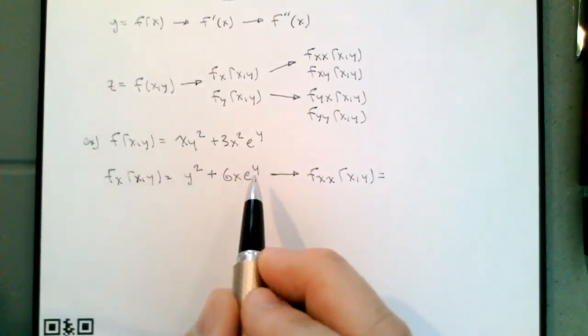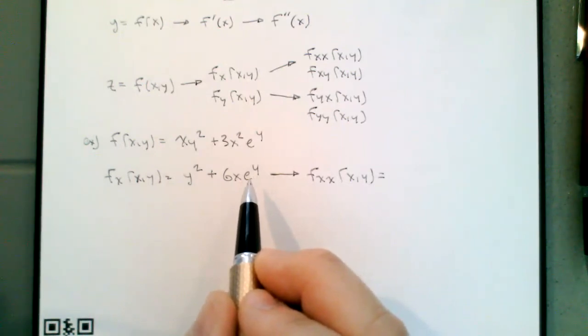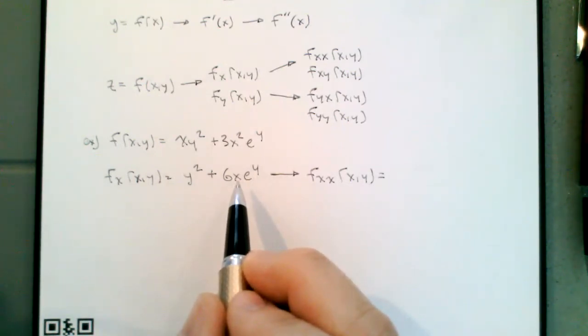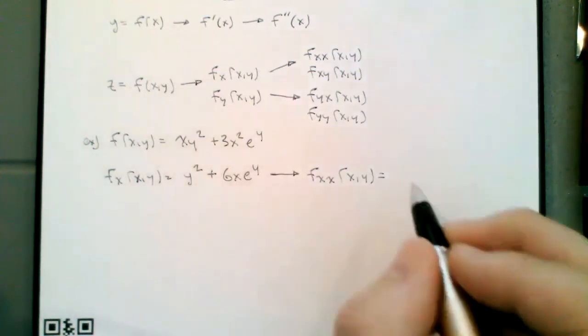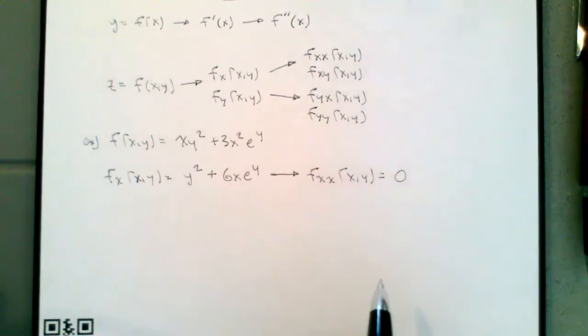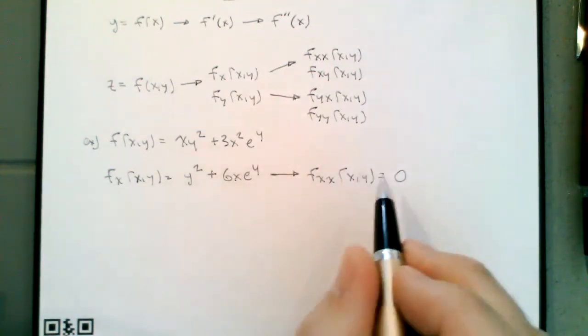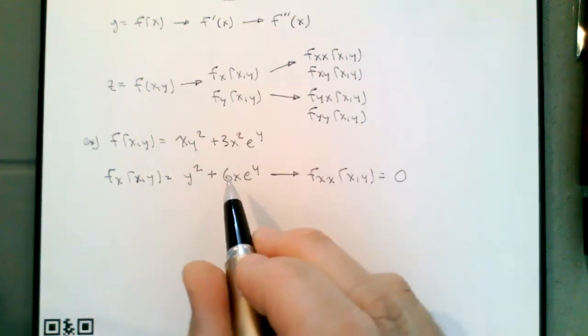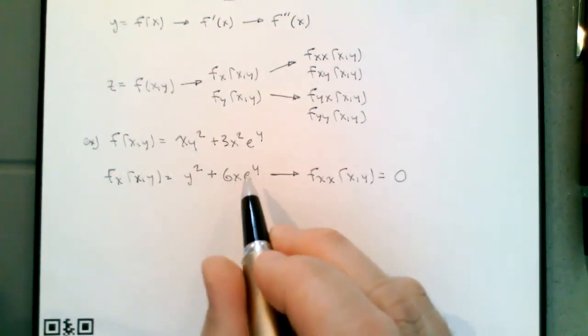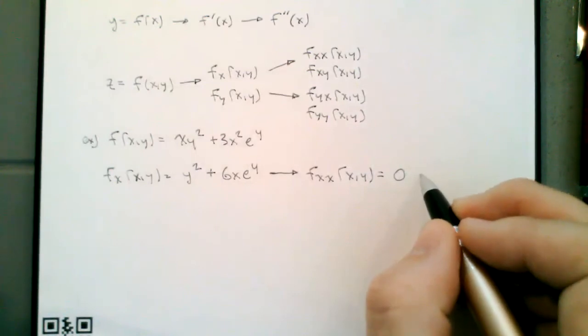E to the y is a constant factor, so I'm taking the derivative of 6x, and then I'll just multiply by e to the y. So the derivative of the y squared is equal to 0. We wouldn't normally write that, but I want to make sure that we see where it comes from, or what happened to the y squared. The derivative of 6x is 6. E to the y is a constant factor.